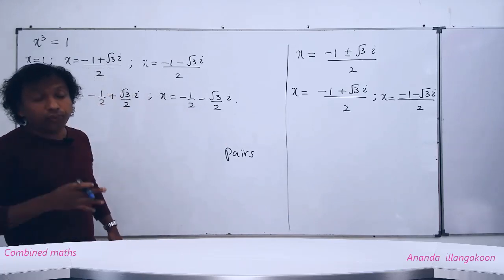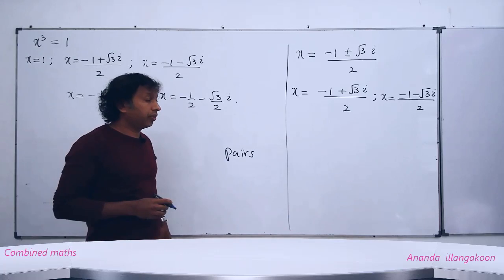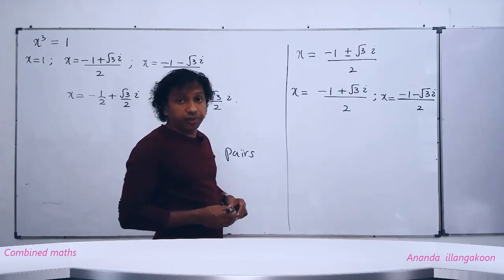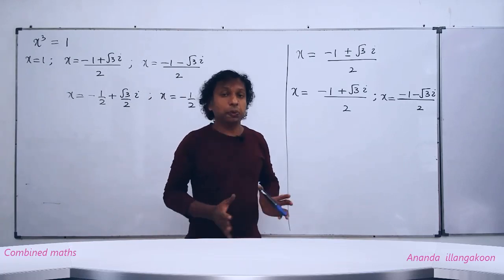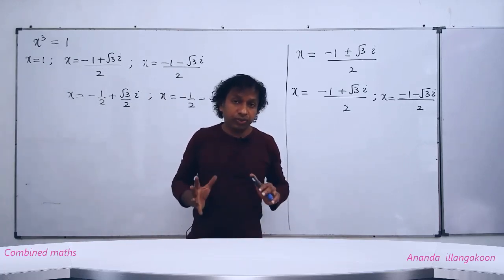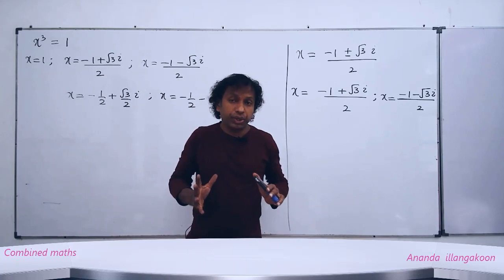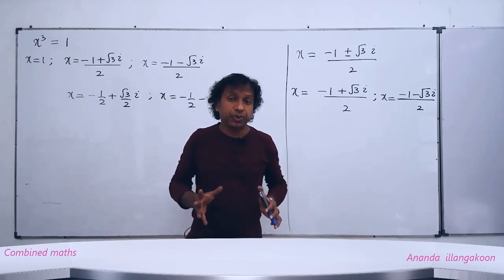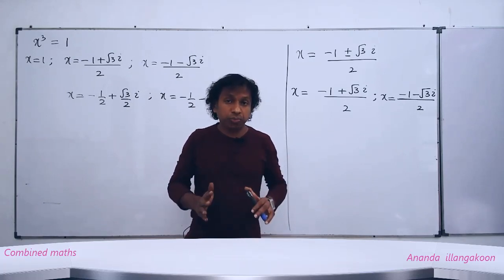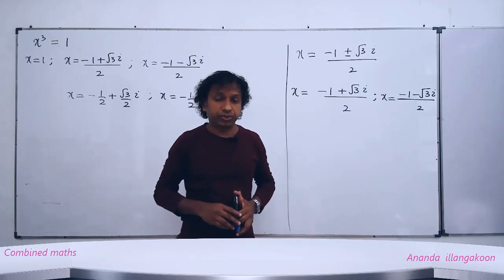So therefore, remember this one. When equations give imaginary solutions, those equations always give imaginary solutions as conjugate pairs. Therefore, any equation, if it gives imaginary solutions, always the number of imaginary solutions should be an even number.